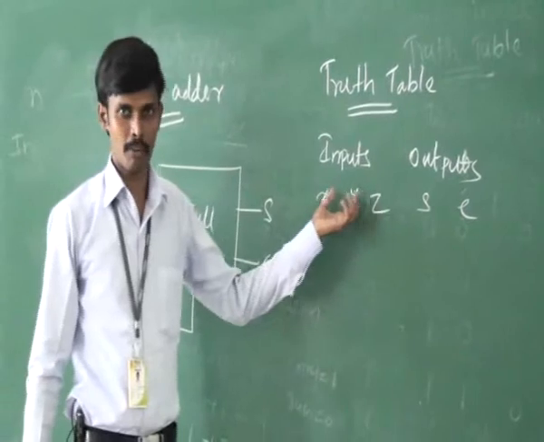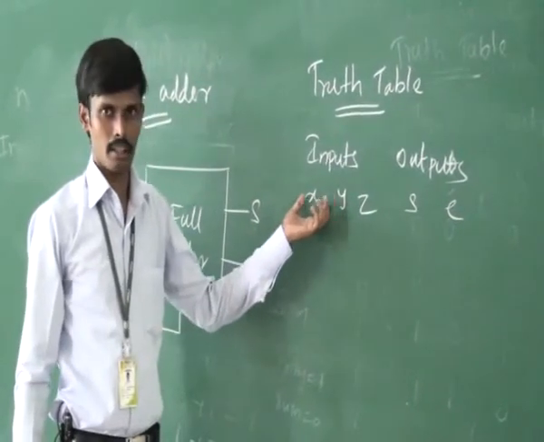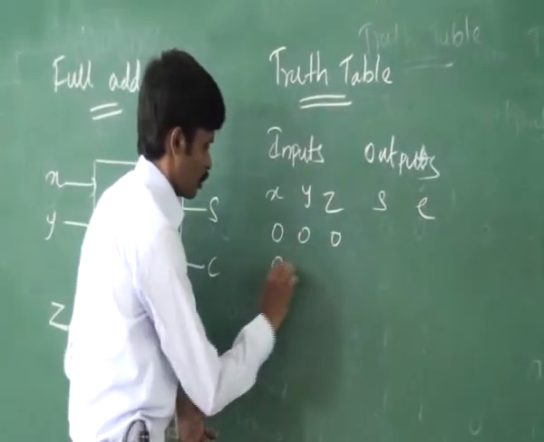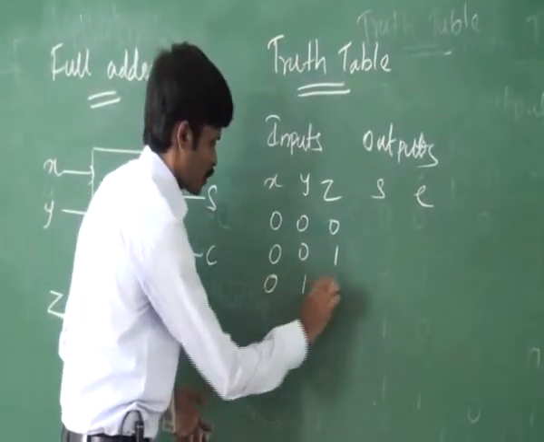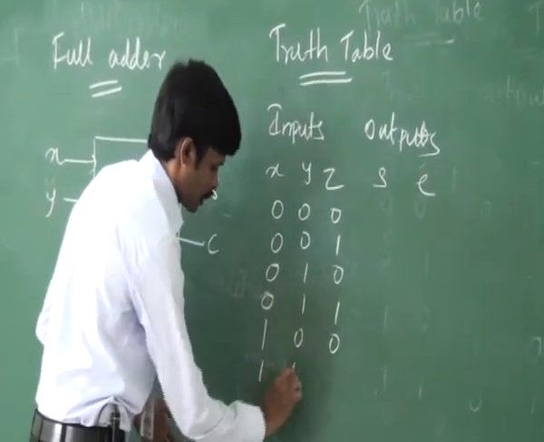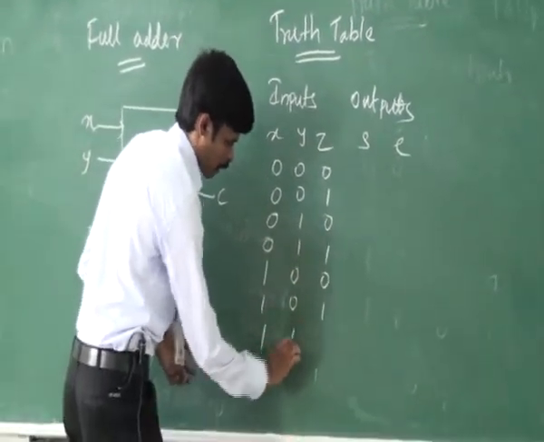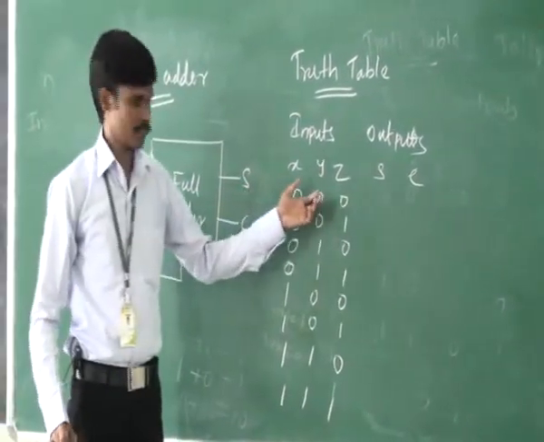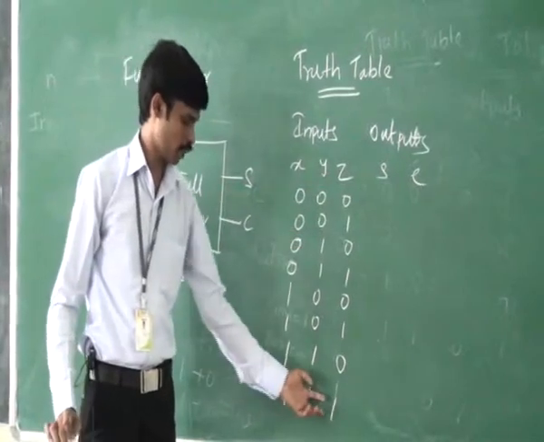Here we have 3 input variables, so there are 8 possible combinations: 0 0 0, 0 0 1, 0 1 0, 0 1 1, 1 0 0, 1 0 1, 1 1 0, 1 1 1. Here the input combination starts with 0 0 0 and ends with 1 1 1.